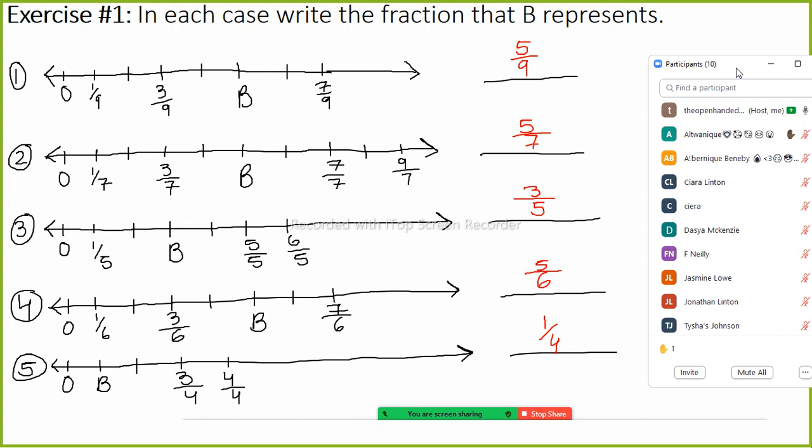So the next thing I want us to look at is, that's also important, is, let me move this.